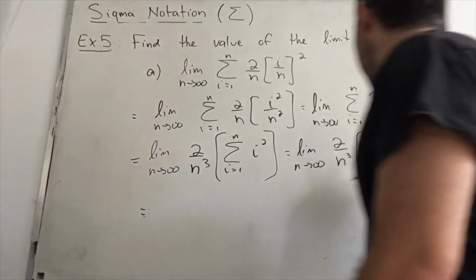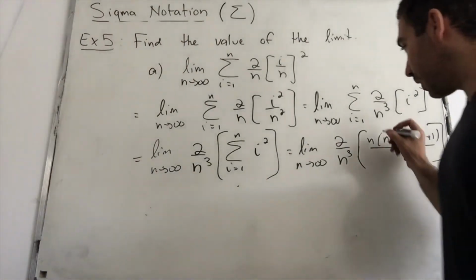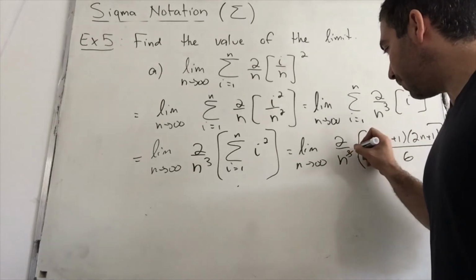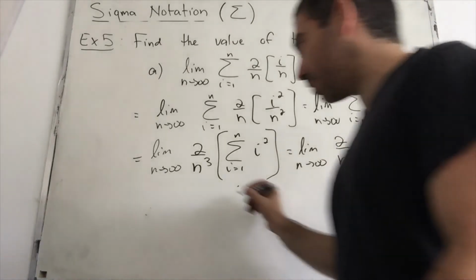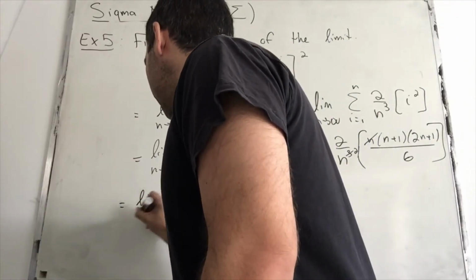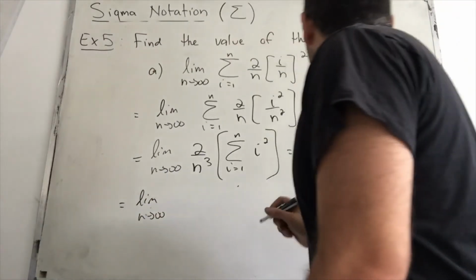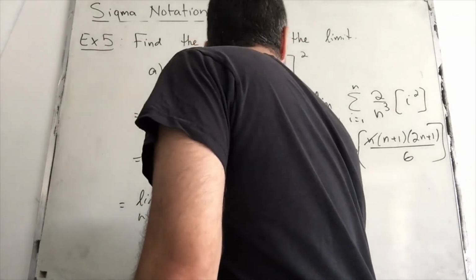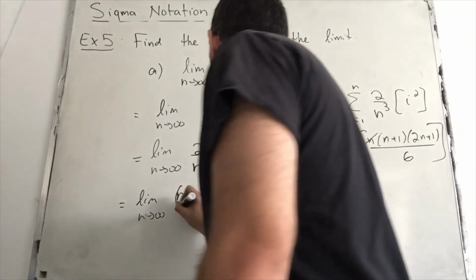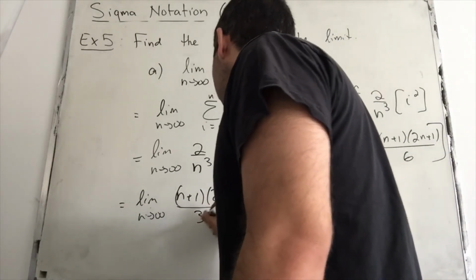If we look at the numerator, here we can cancel out one n with the n cubed, leaving us with n squared, and 2 over 6 becomes a third. So we can rewrite this as the limit as n tends to infinity of n plus 1 times 2n plus 1, all this over 3n squared.